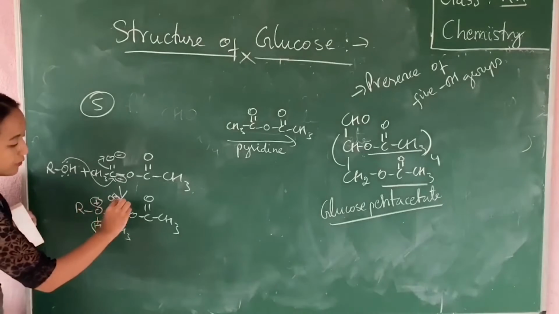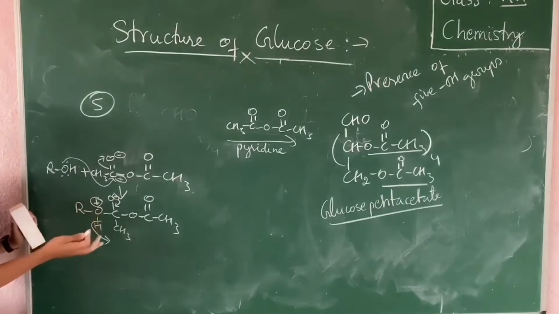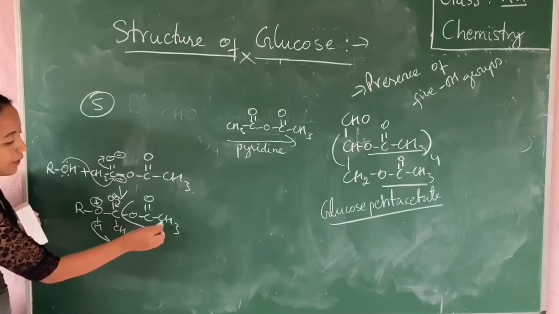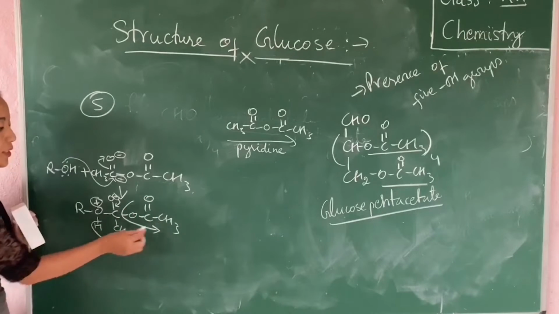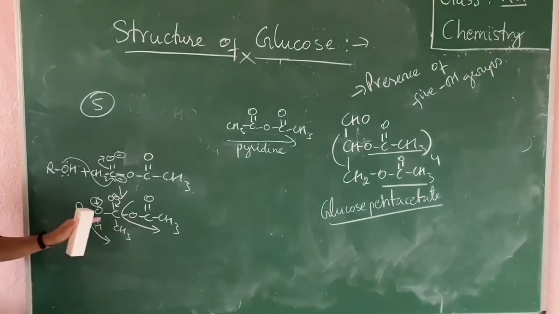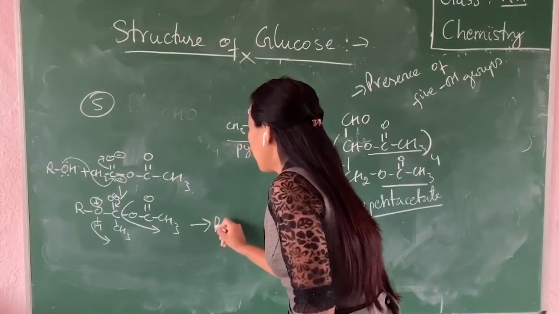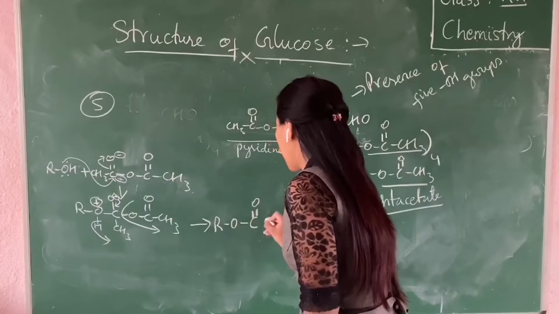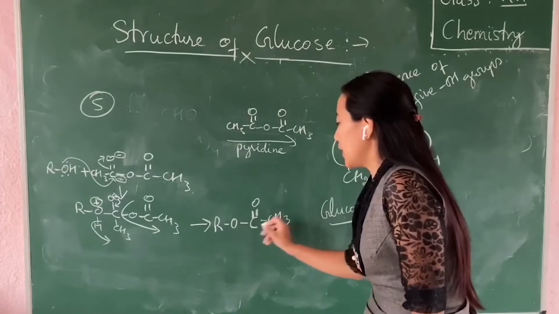Now this negative charge will come back to form the double bond. Carbon cannot have 5 bonds, so this will leave. And this CH3COO will combine with the hydrogen and form CH3COOH, and you get a product R, O, C double bond O, CH3. So this is the acetate compound.